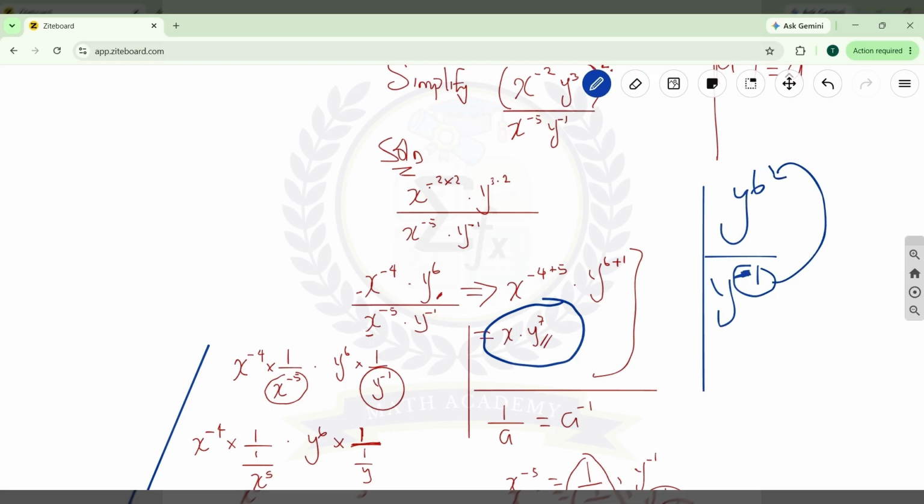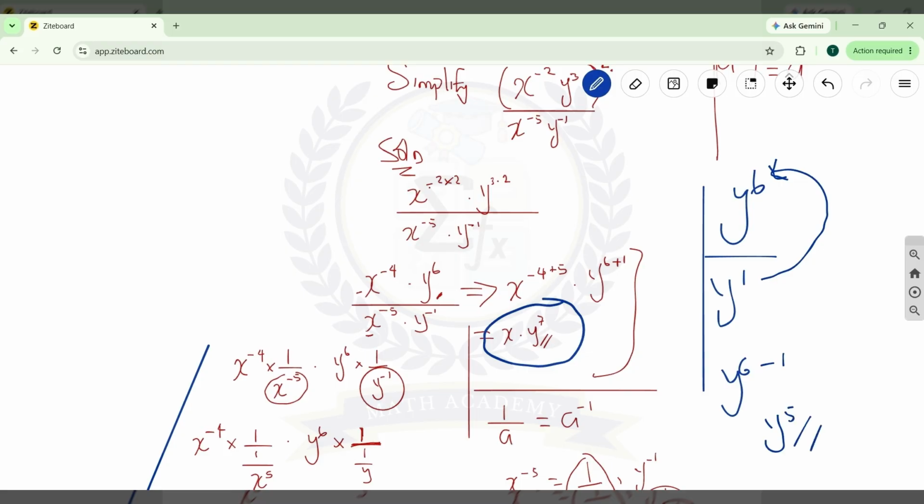So since this was negative, so you have y to the power of 6, negative 1 goes up to meet 6, it turns to positive 1. In the same vein, if here was negative y and this was just 1, positive 1, this simply means positive 1 will go up here, but this time around to change to negative 1. So here will be negative 1, which will now become y to the power of 5.